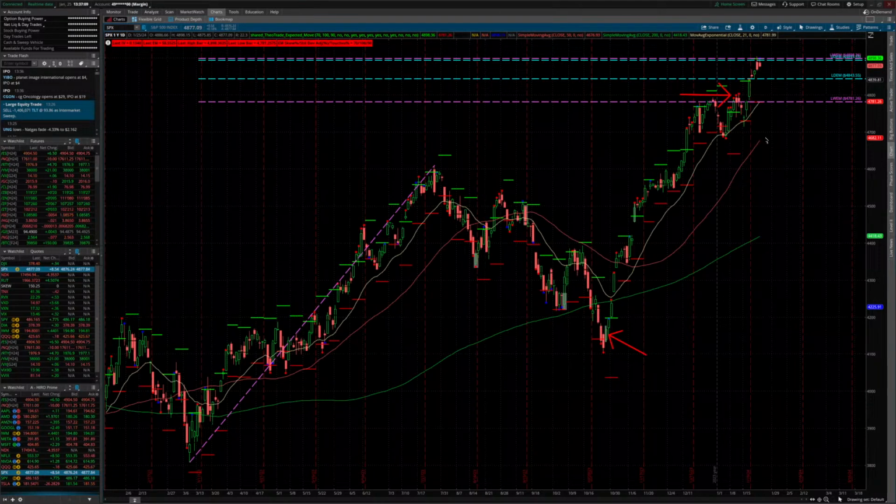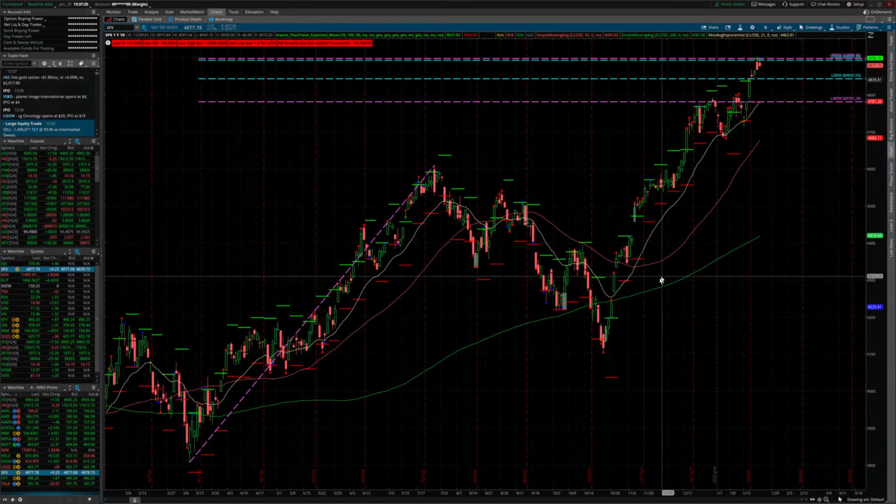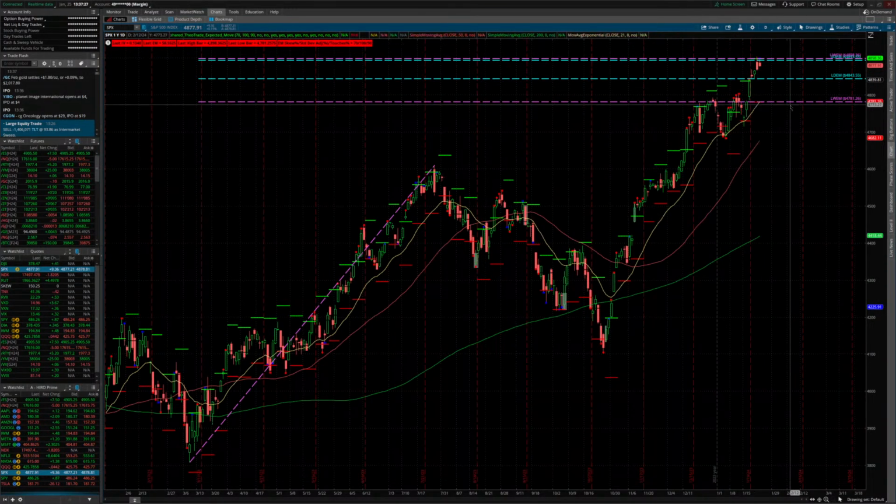Then last Friday, options expiration, broke out above that level, broke out above 4,800, and now has found resistance at 4,900. All right, so that's a one-day chart, larger time frame, showing the context here of a pretty strong rally that began at the end of October last year.